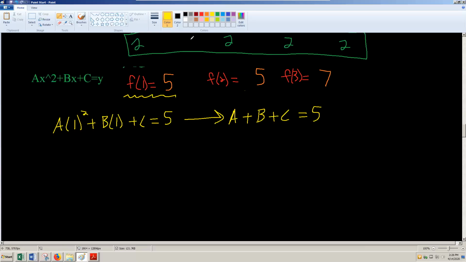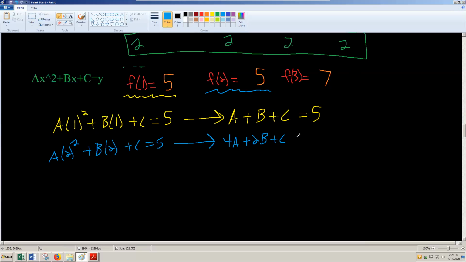Cool. Now the next one I'll do in blue. Now I'm doing this one here. So I'd say a times 2 squared plus b times 2 plus c equals 5. That turns into 4a plus 2b plus c equals 5.